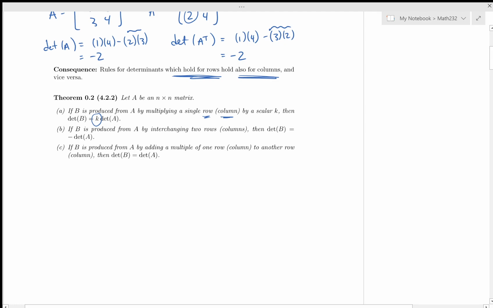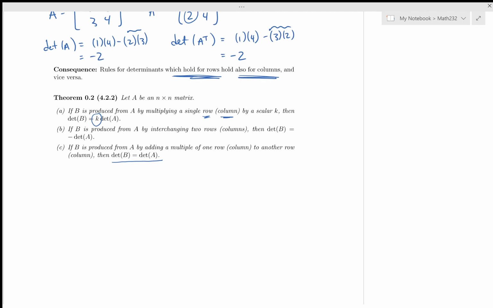If we exchange two rows, then the determinant becomes multiplied by minus 1. And if we produce a matrix B from A by adding a multiple of one row to another row, then the determinant is unchanged. Operations like row 2 becomes row 2 plus 3 times row 1 do not change the determinant.